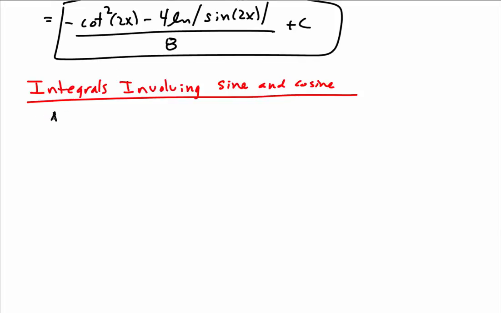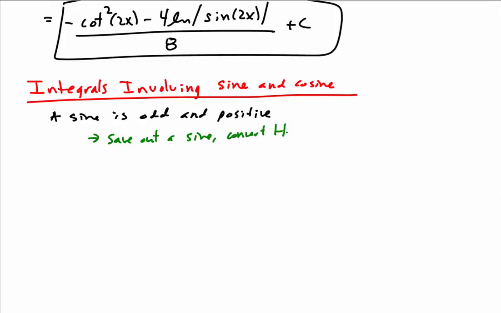So if I have a trig integral that has a sine that is odd and positive, and we had one of these as well, my strategy then would be to save a sine and then take the rest and convert to cosine. And then what I would do is expand by distributing and then integrate my solution.